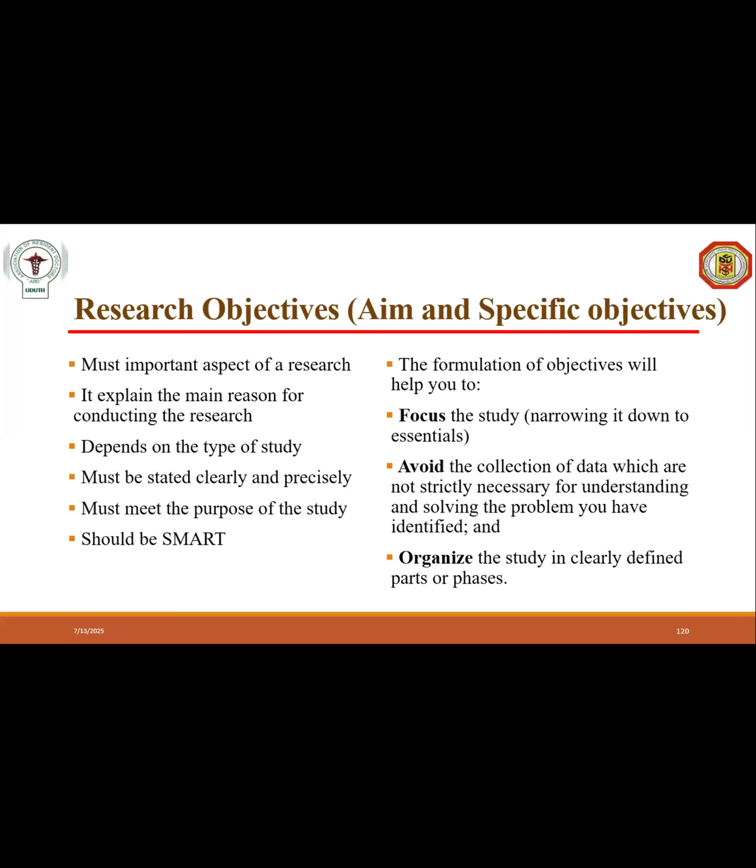Do they even know what is IPC first? What are the factors associated with this IPC? What are the predictors of IPC? So you see, one aim has 3 specific objectives. That is how you will be writing your aim and specific objectives.